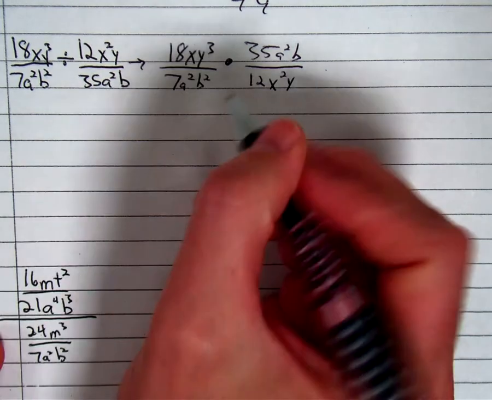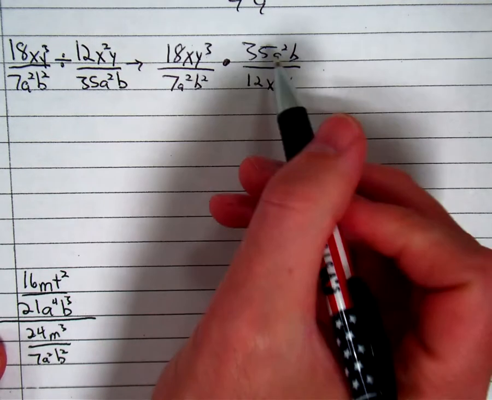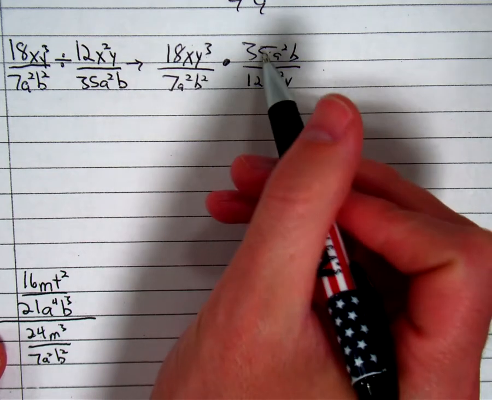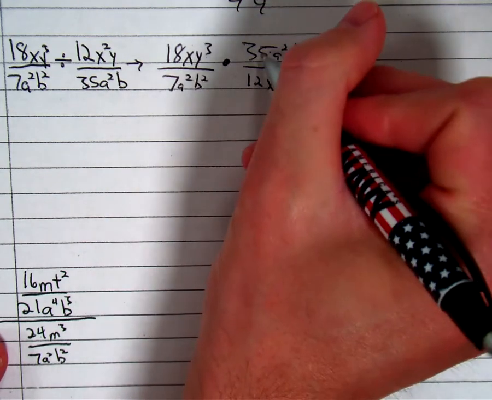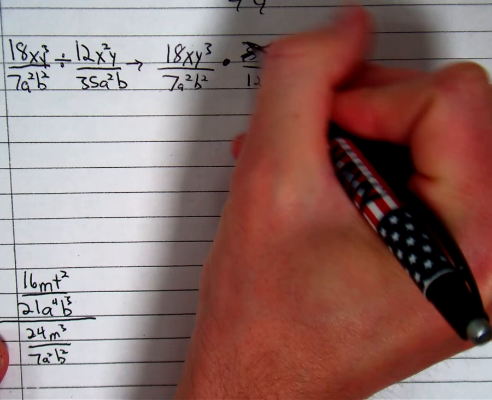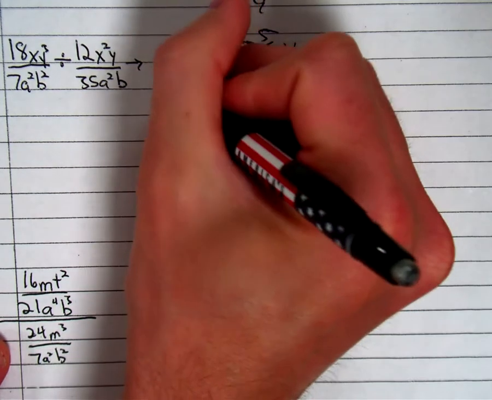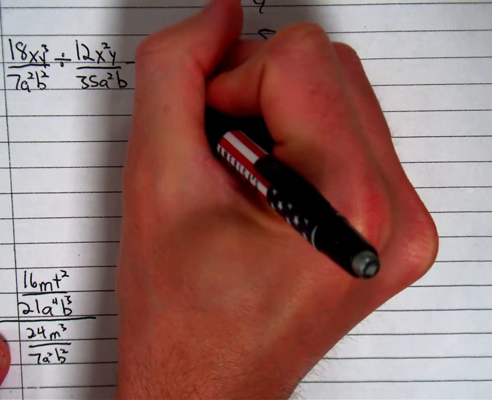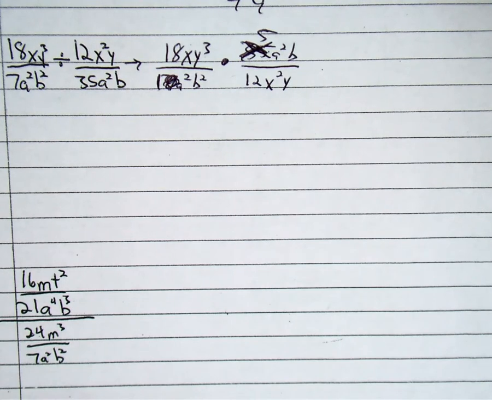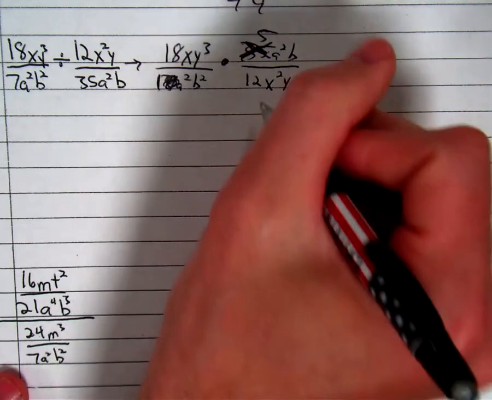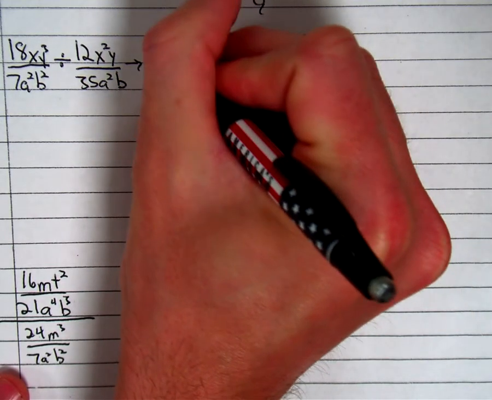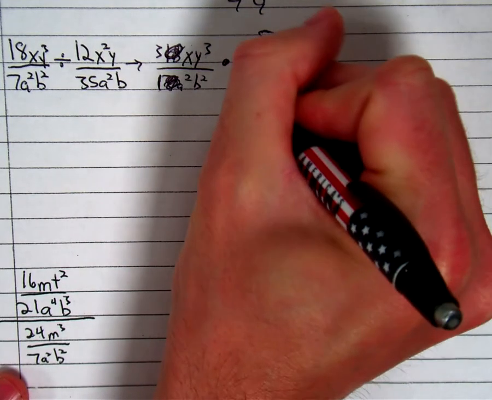Alright, so if I'm looking at this, the first thing that jumps out at me is 35 and 7. I know I can divide both of these by 7. 35 divided by 7 is 5, and 7 divided by 7 is 1. What about my 18 and 12? I can divide those both by 6. So now that's going to be a 3, and that's going to be a 2.